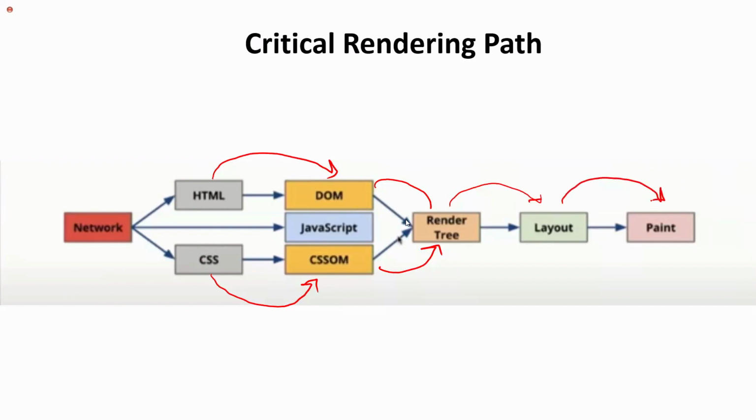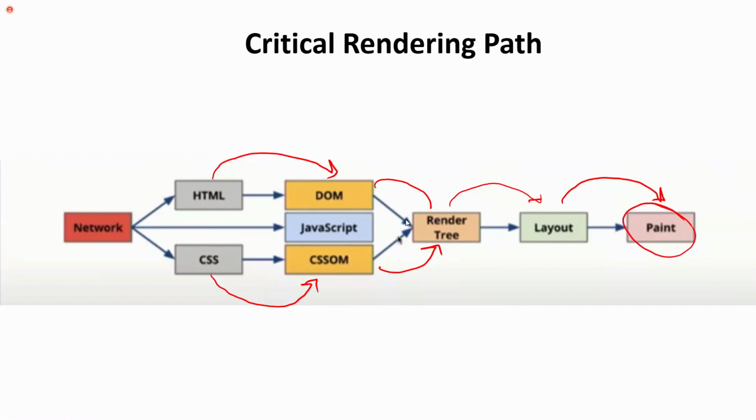Painting is nothing but presenting on the screen. That means you write a color and present that color on the screen. Presenting the color on the screen is called painting. We call this mechanism painting.